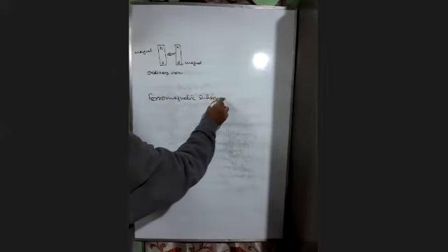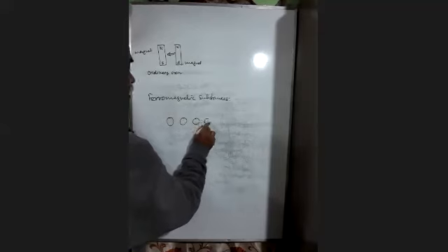Like this. Now we know this is made of iron, this is also made of iron. Then how come it is permanent and this is temporary? Okay. So we come across a term called ferromagnetic substances.